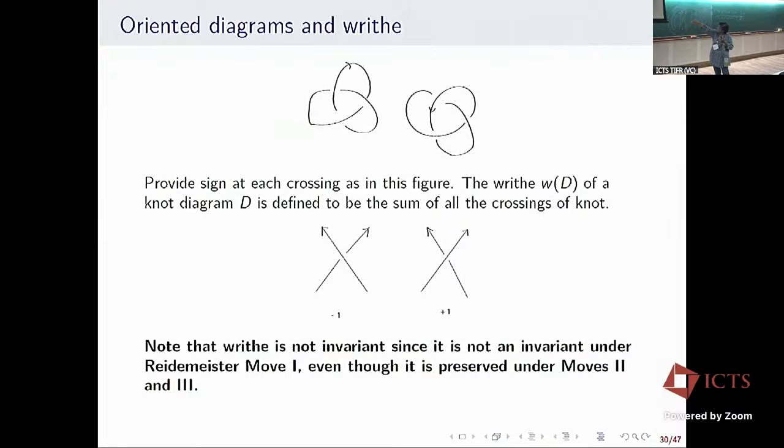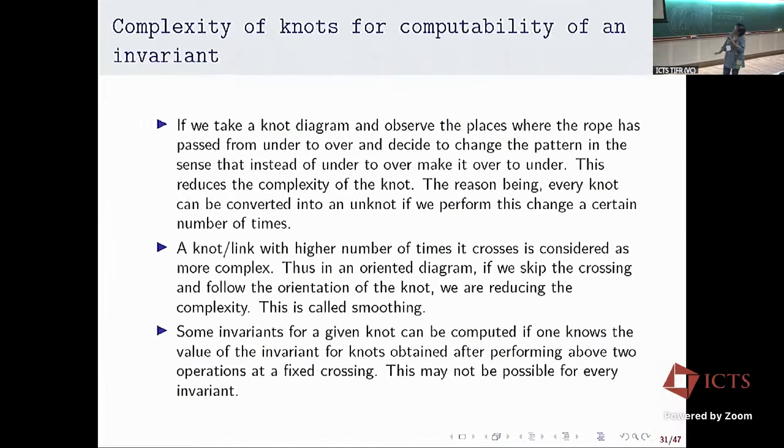And if it moves clockwise to join the under one, we'll call it negative. When you have signs, you can add them up and you get a number which is called the writhe, but that's not an invariant.